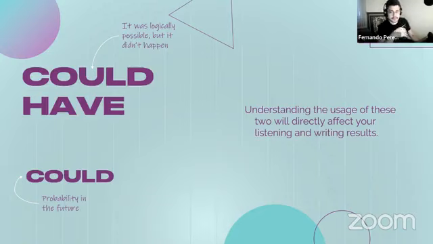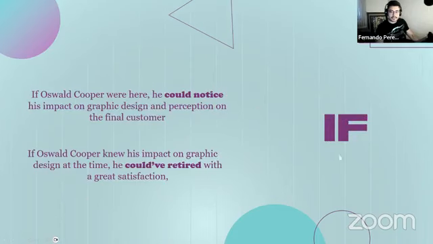Only "could" is to talk about the future, it is about other things, and the best way to understand the difference is if you study the word "if." Over here we have an if, and the same here.